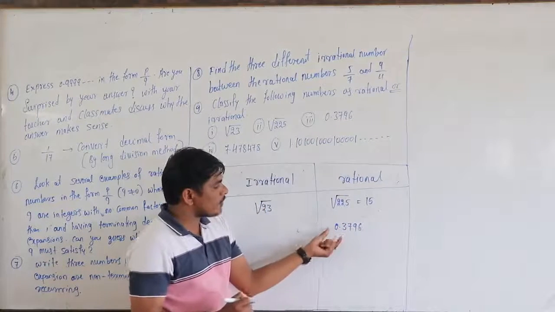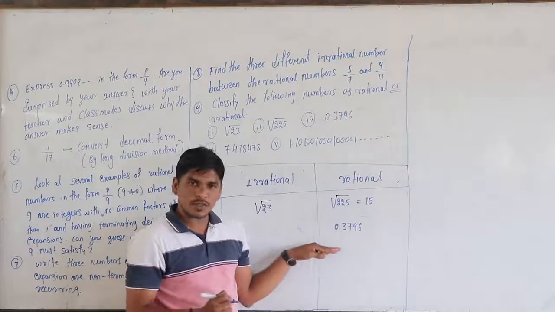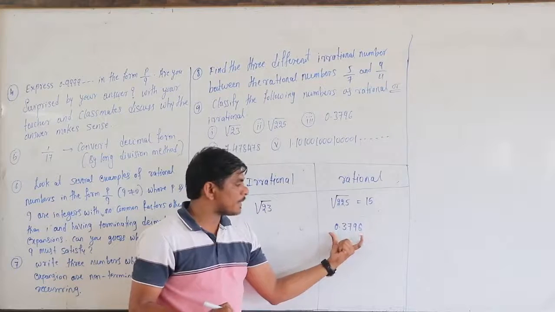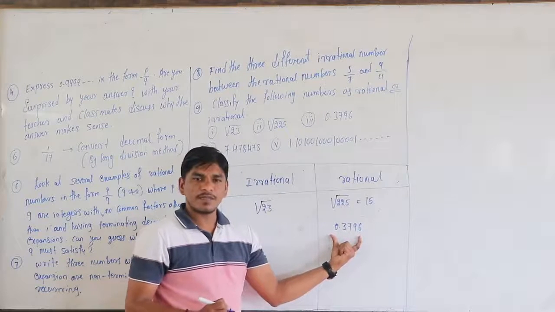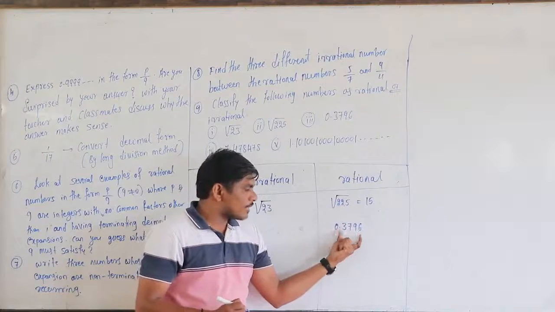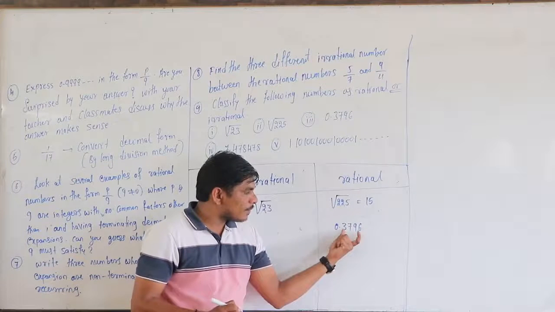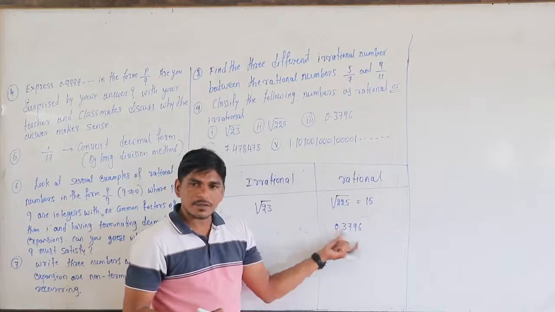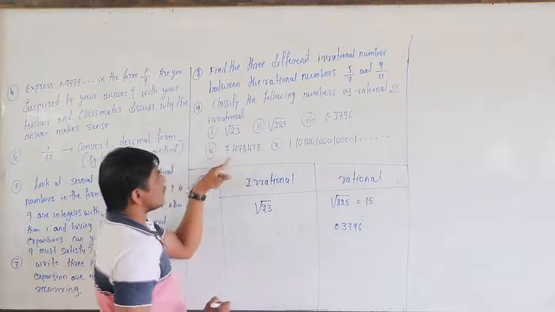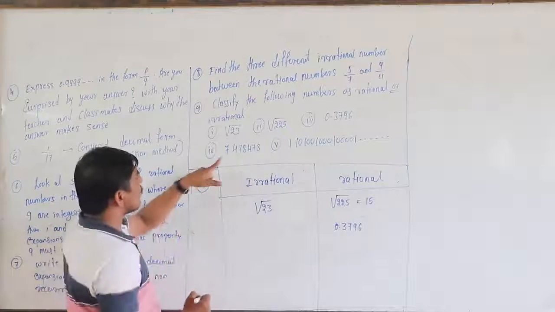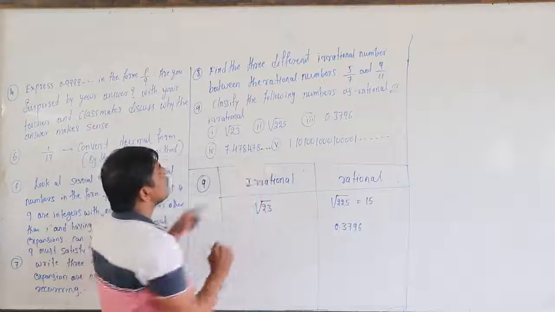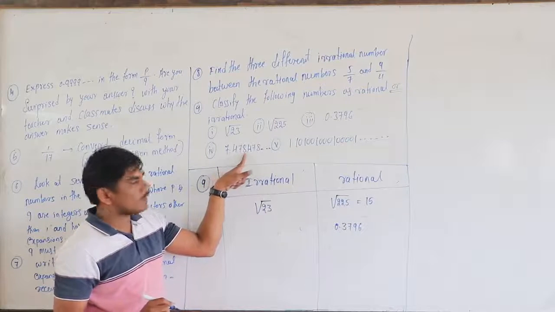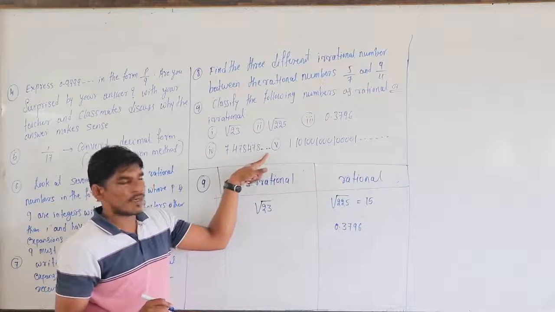See, this value is by using the long division method. 0.3796. The given number is completely divisible. The remainder becomes 0. In the given rational number 4 decimal digits are formed. That's why this is also a rational number. And the next one, 7.478 and so on.